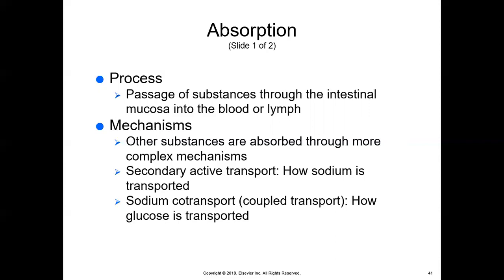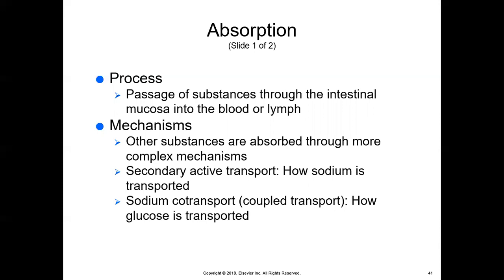So lacteal, lymphatic capillaries. Other substances are absorbed through more complex mechanisms, but the secondary active transport, that's how sodium is transported, sodium co-transport, you don't have to worry about that. The main ones that are absorbed are the glucose, the peptides, the fatty acids.